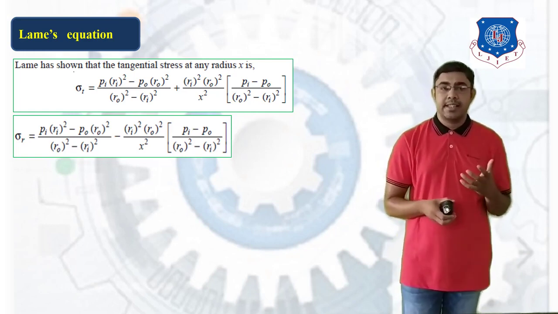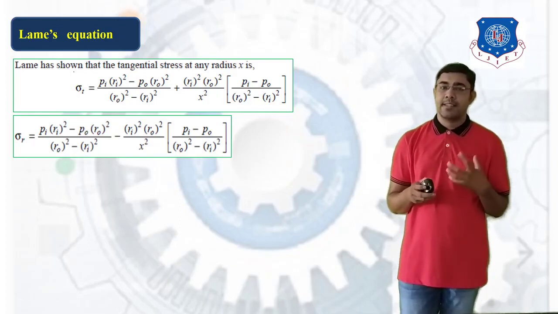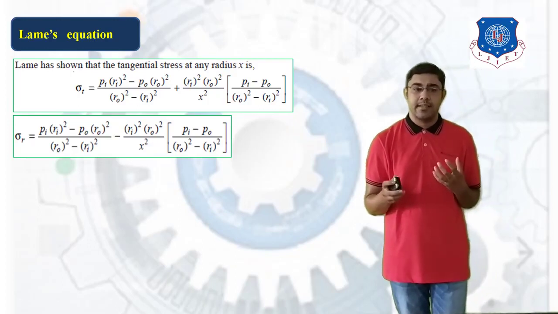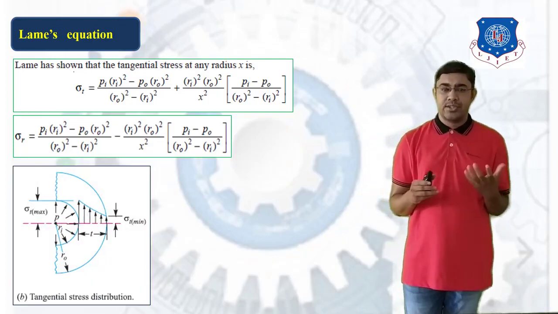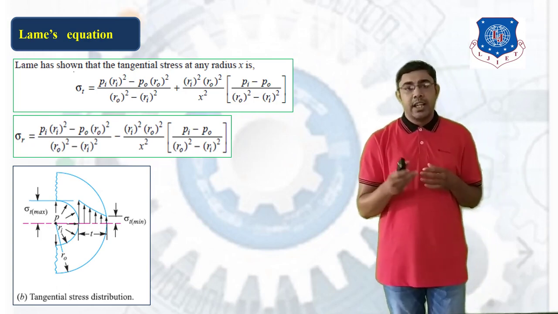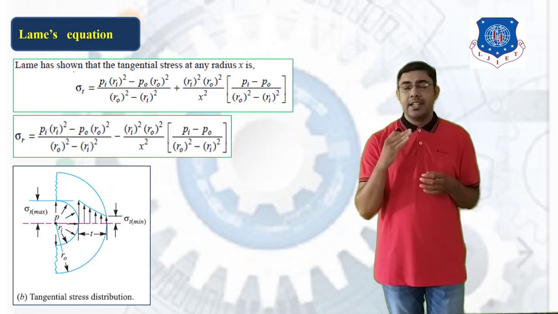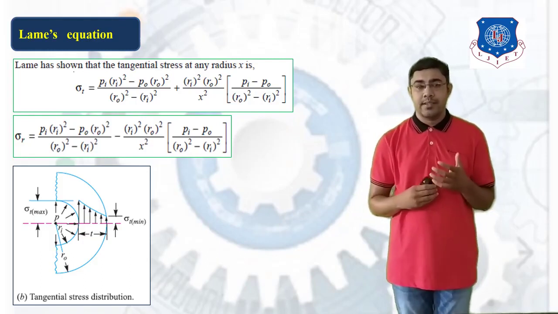So these are the tangential and radial equations, and we have to use them for thick cylindrical cells. In the tangential stress distribution in the figure, there is maximum stress at the inner surface and minimum stress at the outer surface.